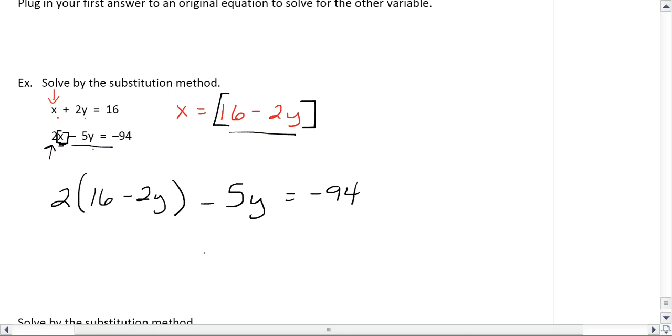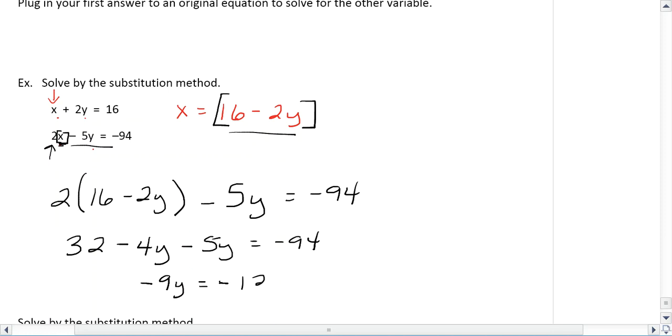And now we know how to solve this. So we do the distribution, and we combine like terms and subtract 32 from both sides. Negative 126, divide both sides by 9, and I believe y is equal to 14.